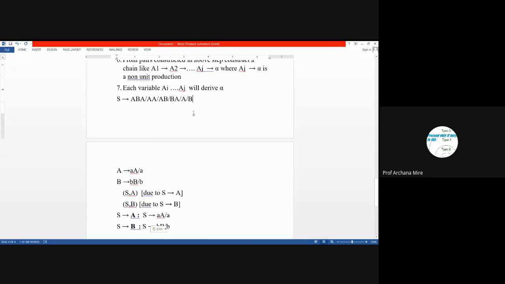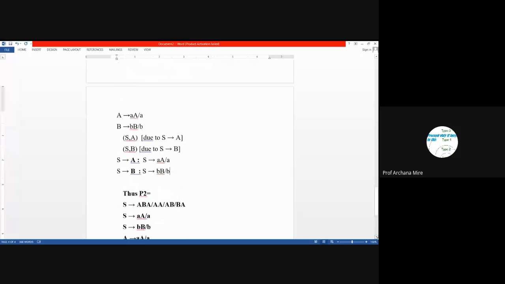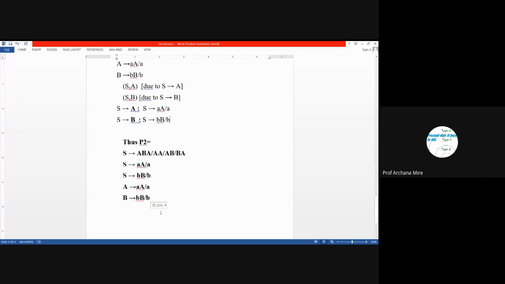But the unit productions have been replaced with the new production rules S leading to AAA and S leading to BBB. Hence, our new set of production rules will not consist of S leading to capital A or S leading to capital B. It is a very simple topic, but it needs a little bit of practice. With some practice, it is very easy to do.